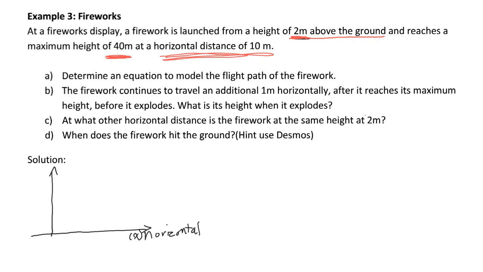And the up and down portion of our parabola, this part here, we're going to call our height, and our height is going to be y. I can't even write the letter y. Oh boy.